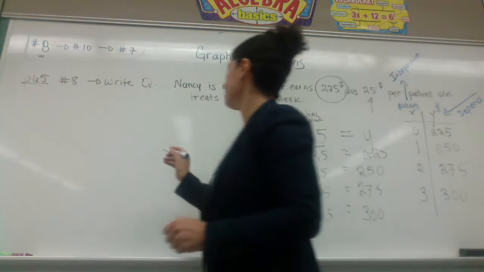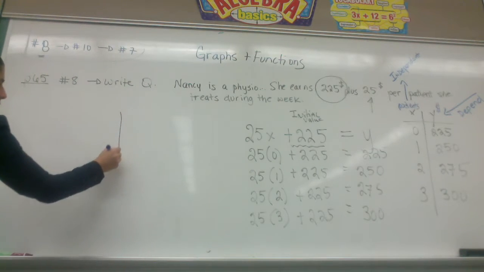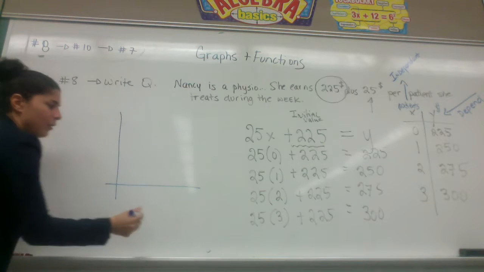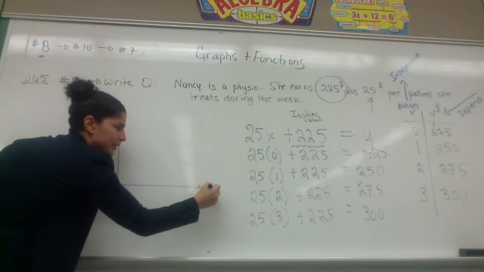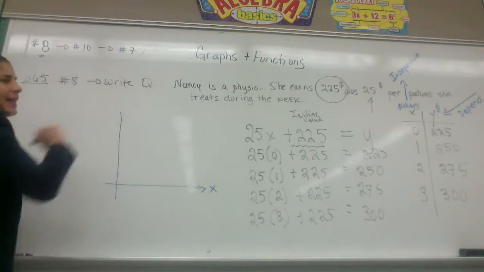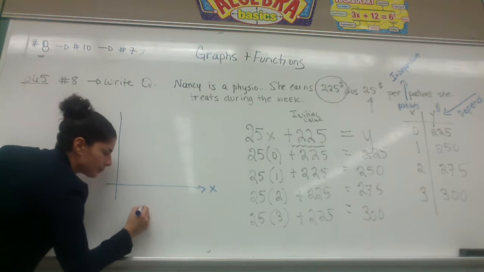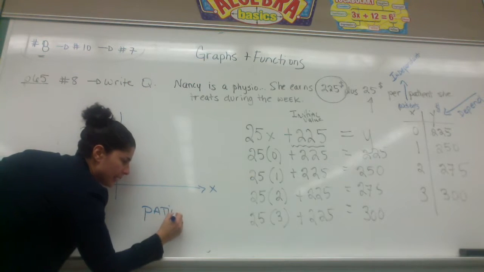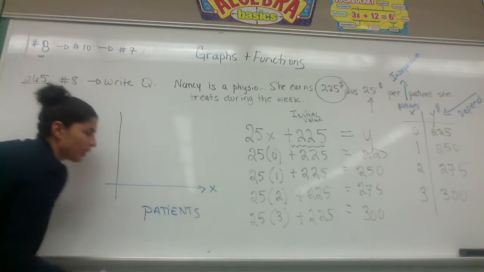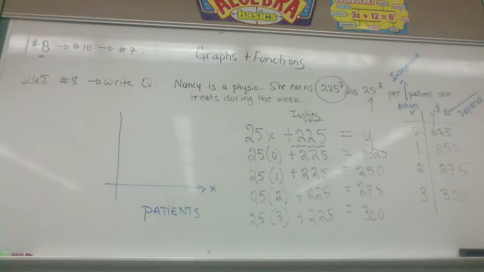So let me go here and place the graph. Now, remember, this is my x. So what are the x's? What did we say over there on the table of values that the x was? The patients. Please label your x as patients.